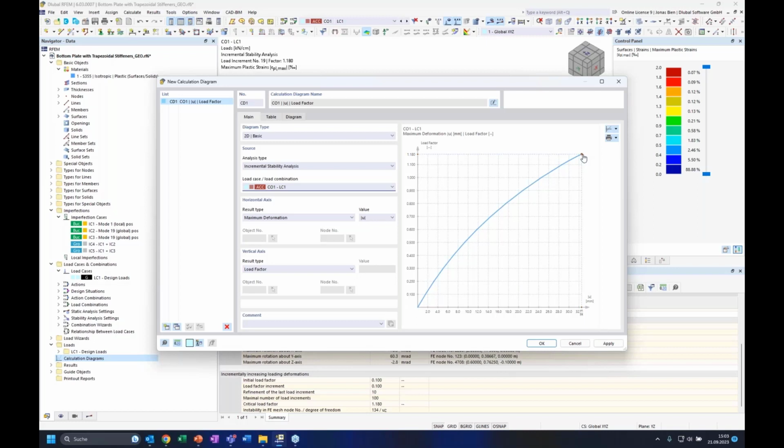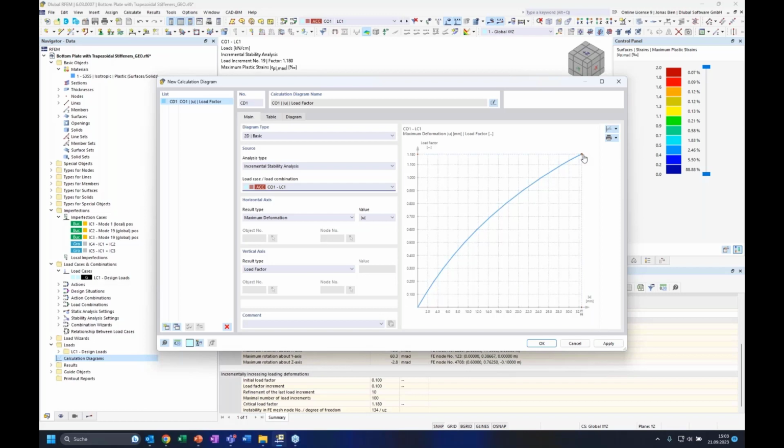And that could also be the reason why I do not reach any further load factor, and I have divergence in my model. And that would mean that on the safe side, I can assume that when my simulation gets unstable, then my structure gets unstable.